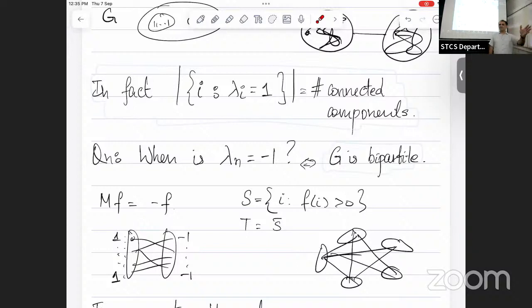If lambda something is 1, then lambda -n will also be, because they're all bounded between -1 and 1. And here also you can see that the random walk cannot mix, because if you put all your distribution on one side, your random walk is always going to oscillate between the two sides. Okay, we cannot say that it's 5-partite because there are some edges between the 4 parts below.